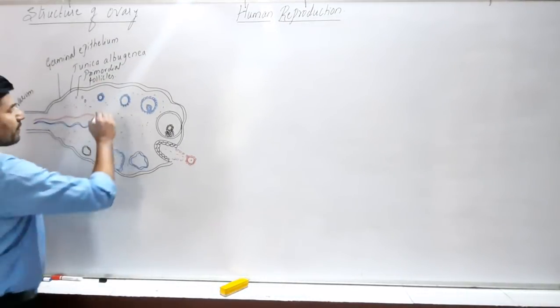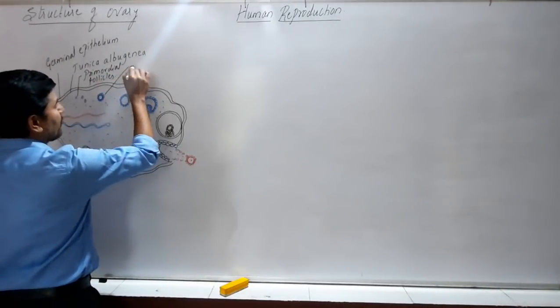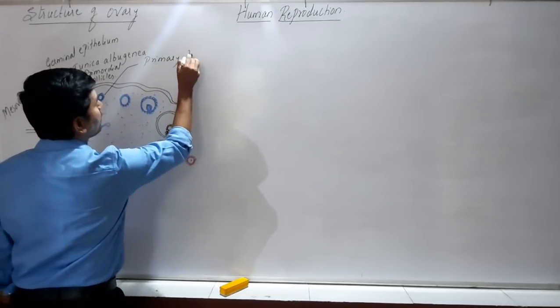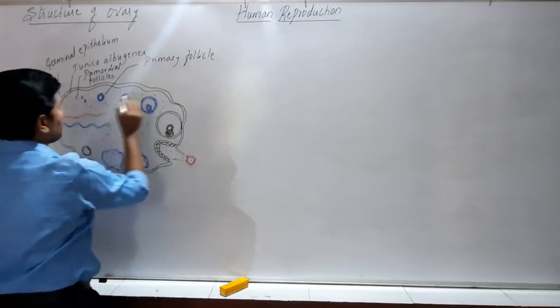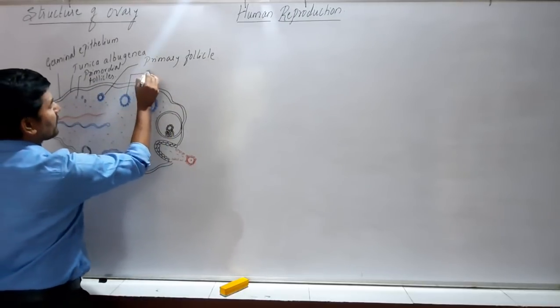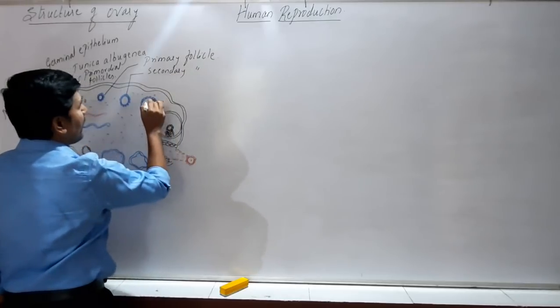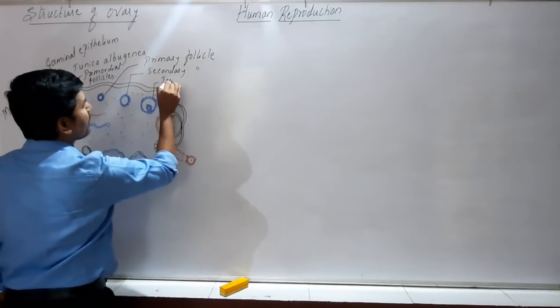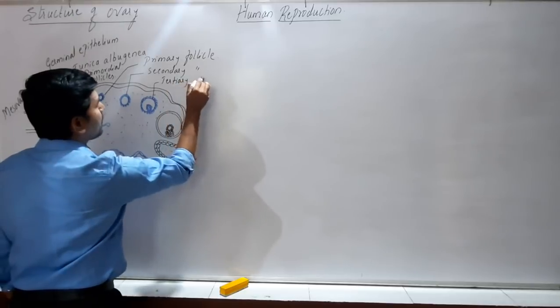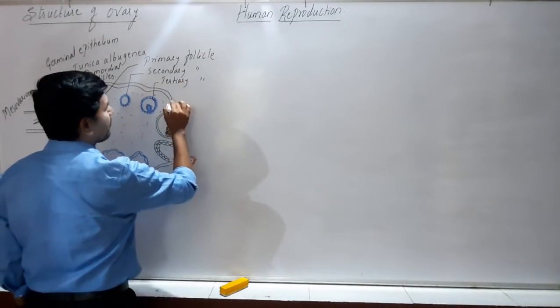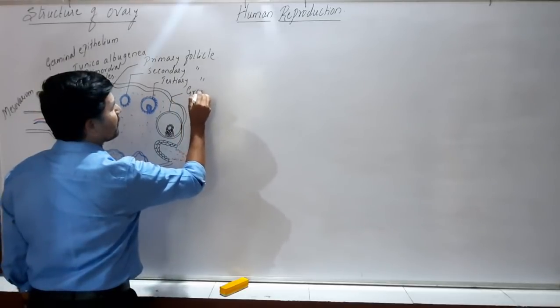Out of this it develops into the primary follicle, grows into the secondary follicle, develops into the tertiary follicle, and finally gets matured into the Graafian follicle.